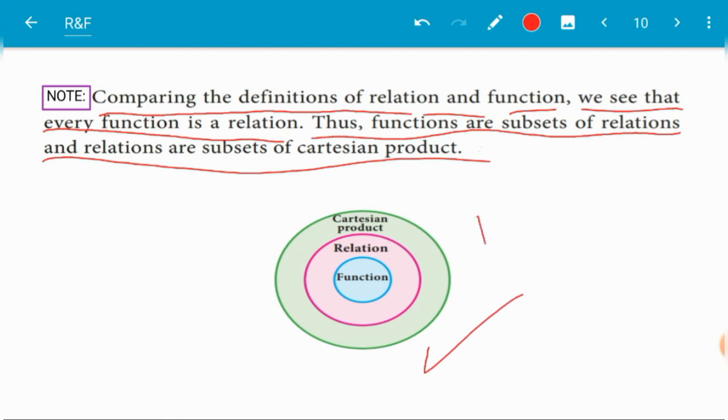So function f is a subset of relation, and relation is a subset of the Cartesian product. Like this you can take. It may be equal also. So f is a subset of R, which is a subset of C.